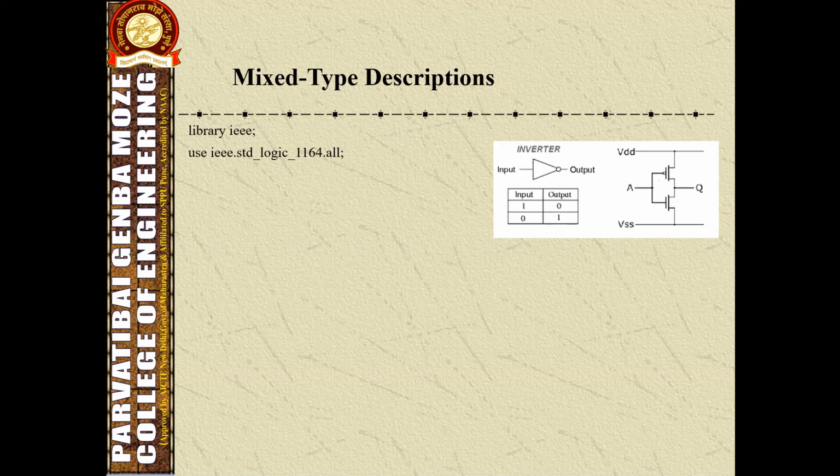In fact, most descriptions of moderate to large size systems are mixed. We may describe some part of the system using one style and other parts using other styles. Simply, mixed type description has more than one style.